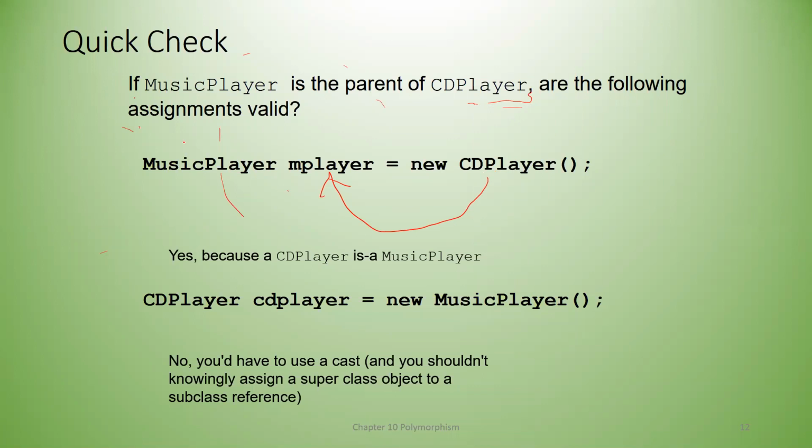If this music player class has a play method, okay, play. And if CD player also has a play method, okay, both have play methods. What's that mechanism called? Let me ask you this question first. If both of them have the play method, what is that mechanism called?